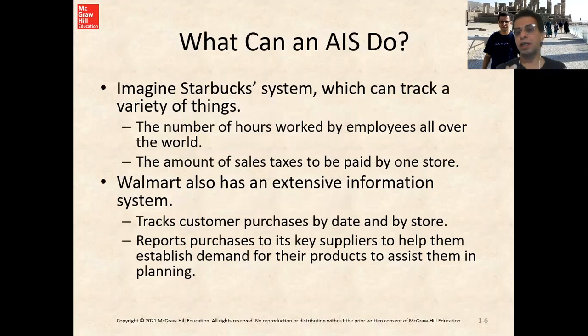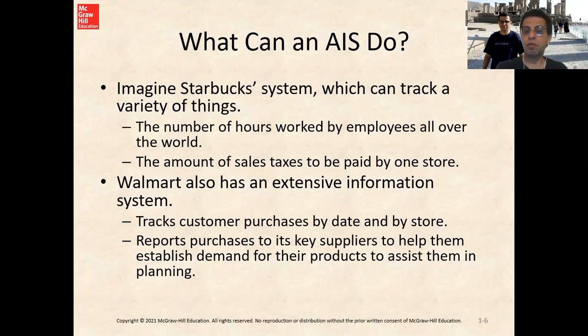So, what can an AIS do? First of all, let's look at this as an example. Imagine the Starbucks system, which can track a variety of things: the number of hours worked by employees all over the world, the amount of sales tax to be paid by each store.